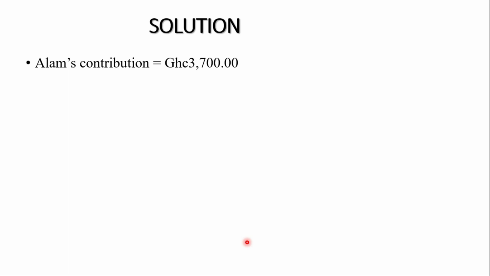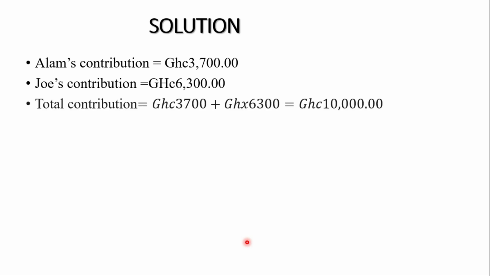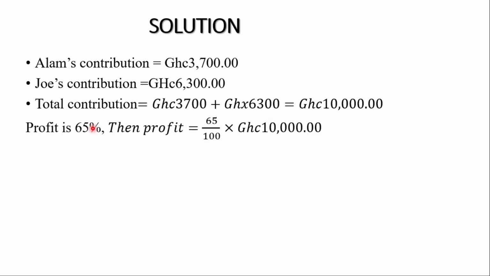We realize that Alam's contribution was 3,700 Ghana cedis. Jill's contribution was 6,300 Ghana cedis. And then their total contribution is 10,000 Ghana cedis. And out of this 10,000 Ghana cedis, they made a profit of 65%. So 65 out of 100. So 65% means 65 over 100, multiplying by what?